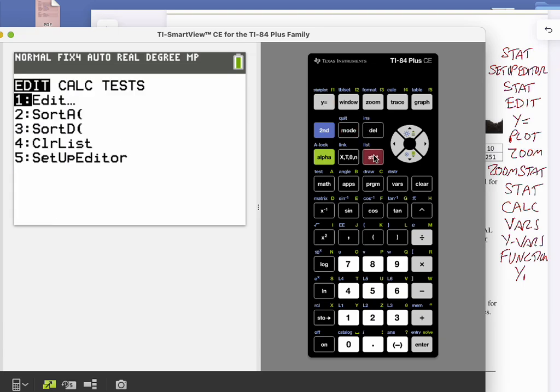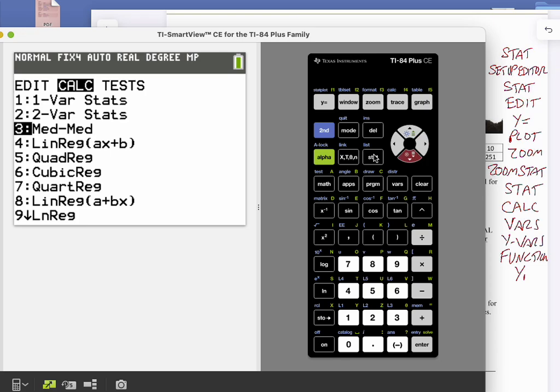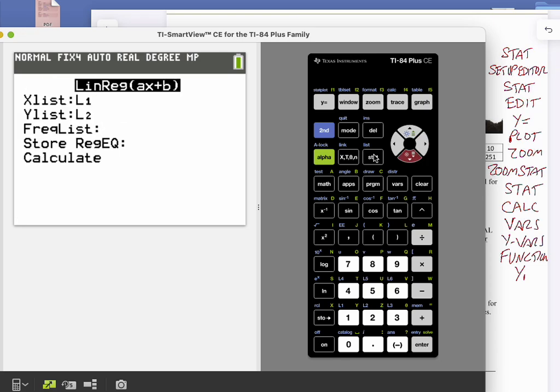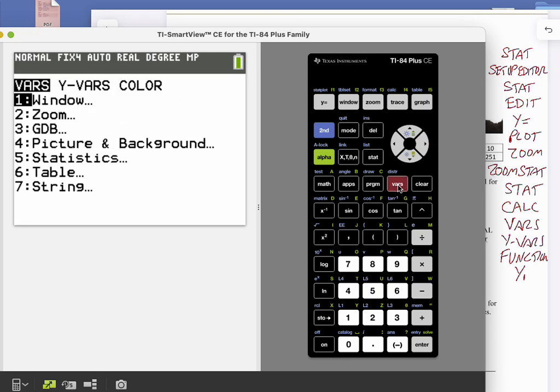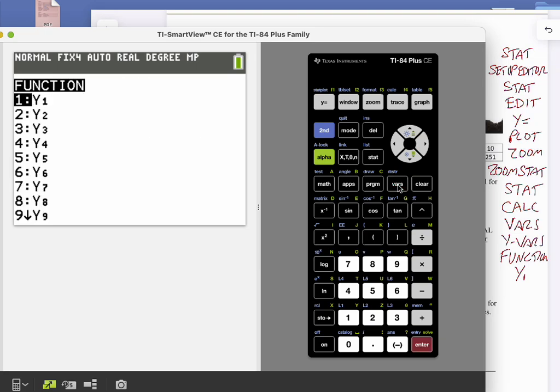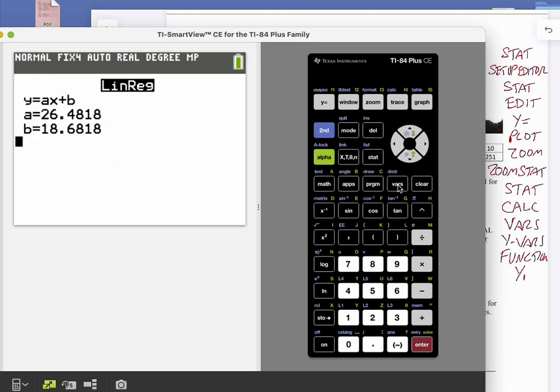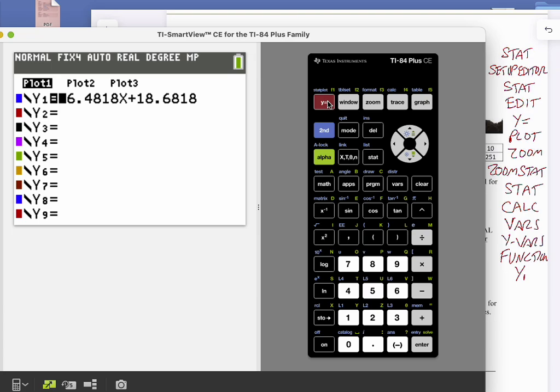So I'm just going to run this again. Calculate, linear regression, store regression, vars, y vars, function y1, calculate. And now it's going to be 4 decimal places. And you can write that down on that line.